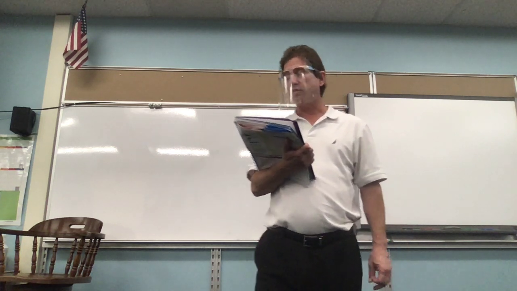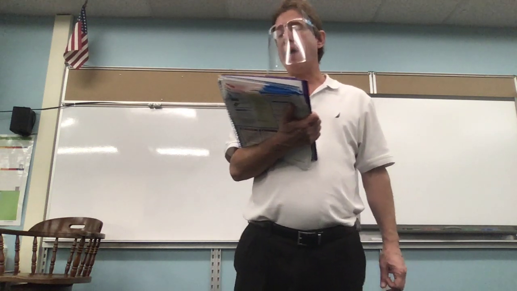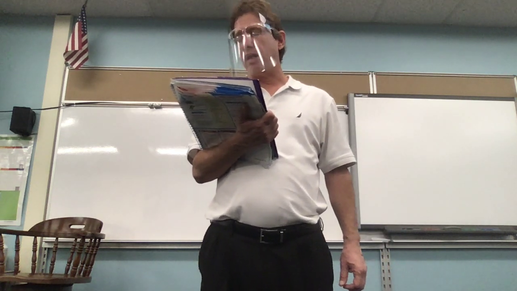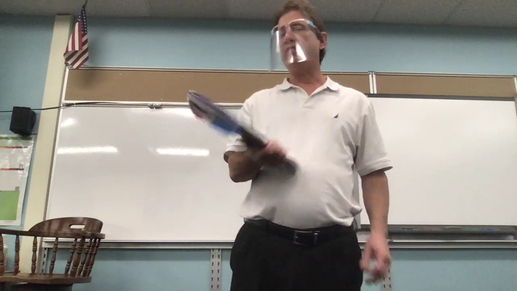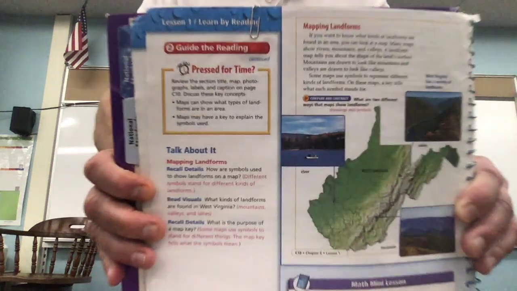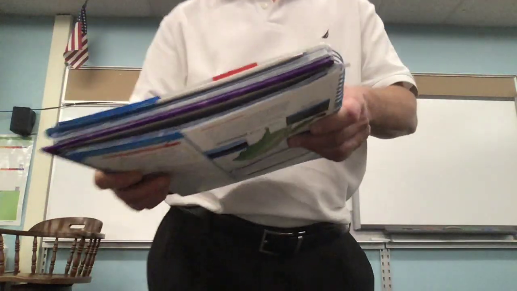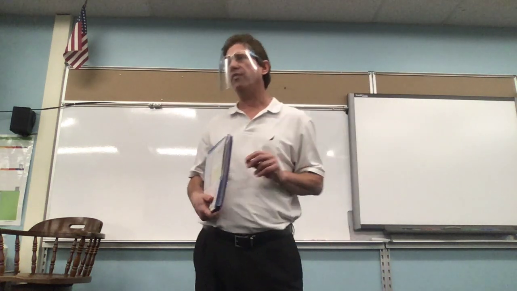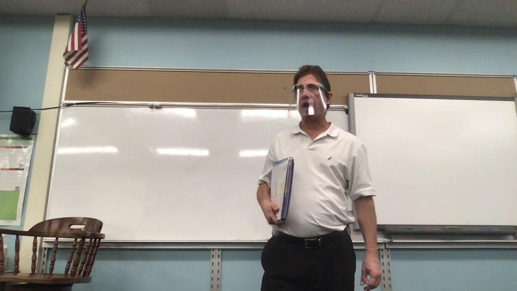Some maps use symbols to represent different kinds of landforms. On these maps, a key tells you what each symbol stands for, such as river, valley, and mountain. West Virginia has many landforms, and that's a picture of the state of West Virginia. If you ever drive through there, there's lots of mountains. It's very beautiful. It's one of the most beautiful states in the United States to drive through because of all the landforms.